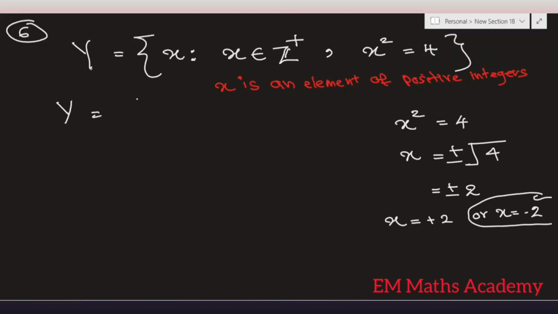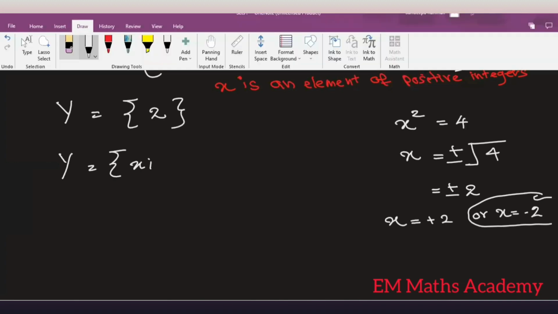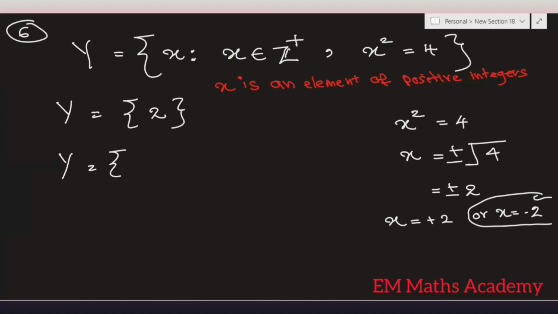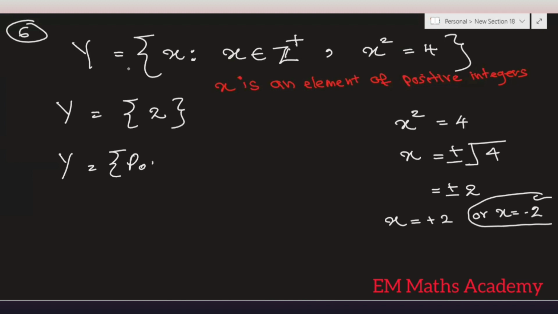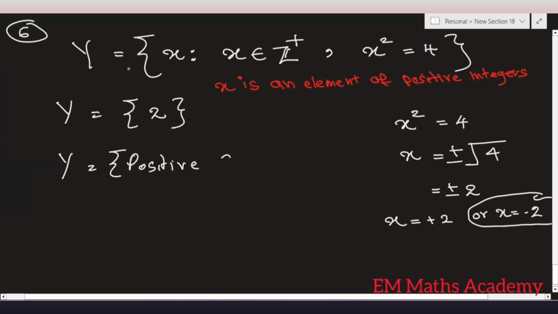So y is, you can write in listing elements method, it is 2. If descriptive method, solutions. Okay, මෙතනත් solutions කියලා එන්නේ positive solution කියලා ගන්න පුළුවන් අපිට. Positive root කියලාත් කියනවා මේකට.